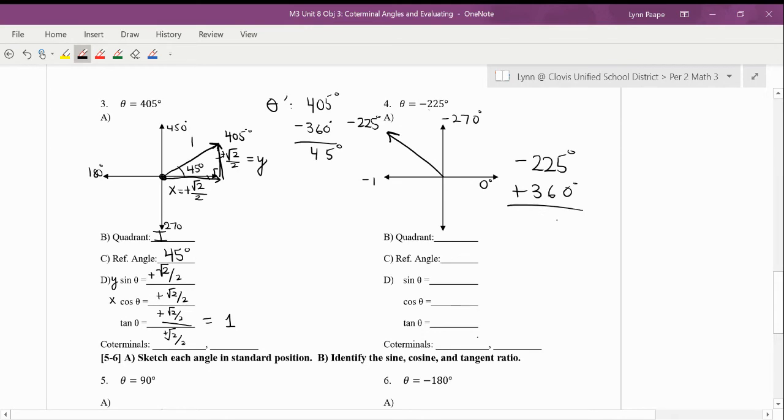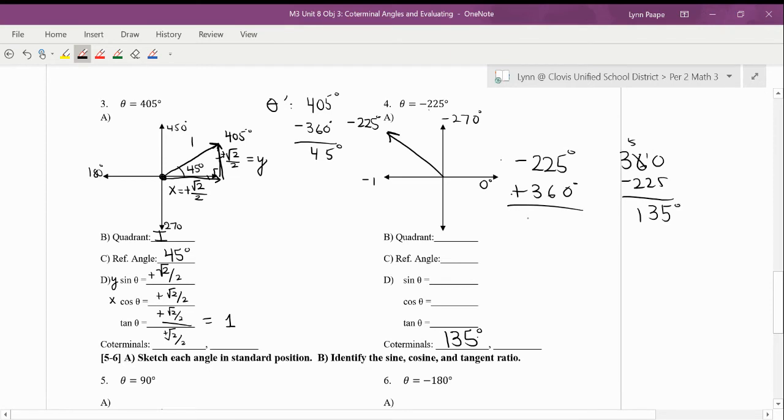That's the same as 360 minus 225, right? Because 360 is positive, 225 is minus. I'm going to have to do a little extra work here. 135? I think so. So one coterminal angle is positive 135 because the 360 is positive, bigger.